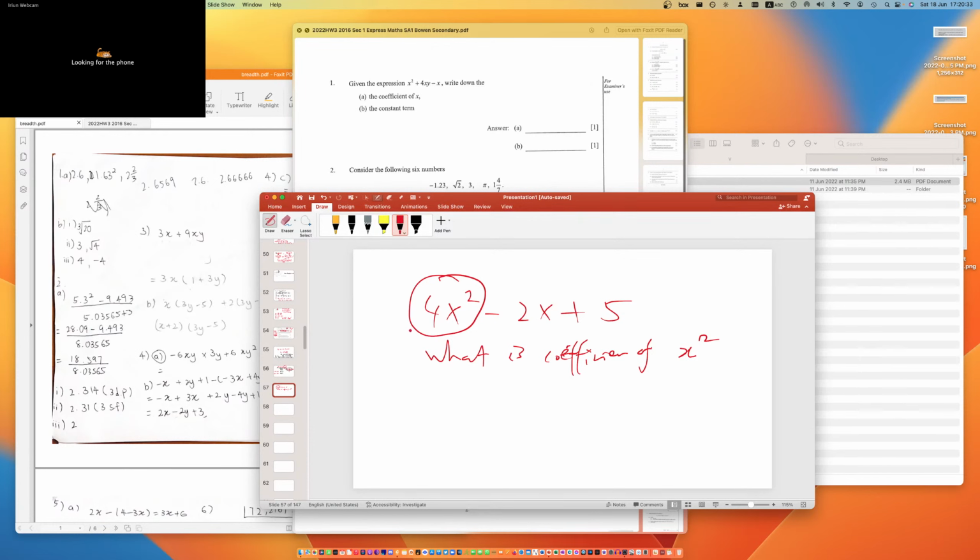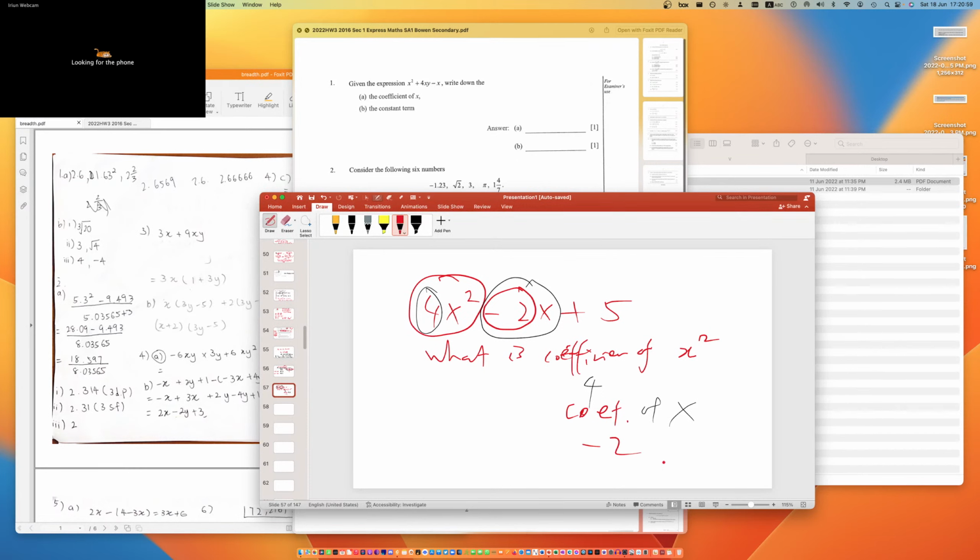The 4, right? So therefore it's the 4. Then what is the coefficient of x? You circle the x term first, then what is in front of x inside the circle. The coefficient of x is minus 2.